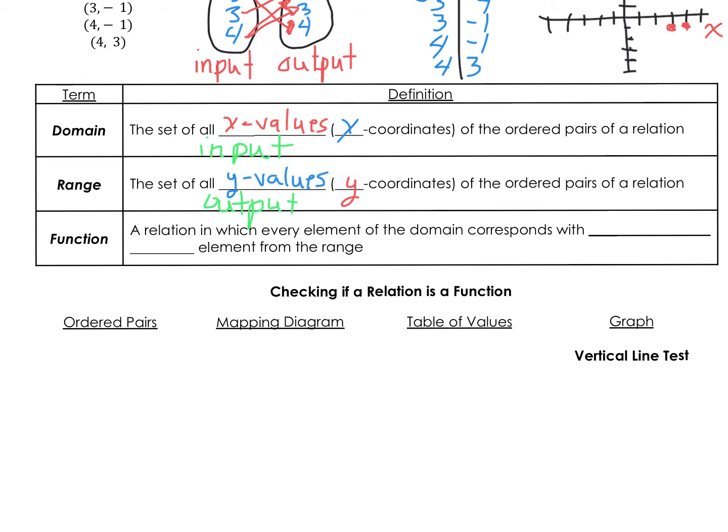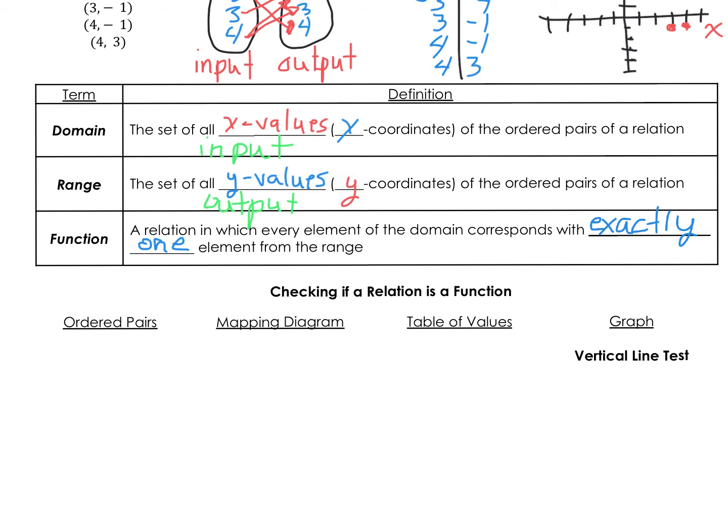Then finally, a function. So here's your technical definition of a function. So a function is a relation. Now remember, not all relations are functions, but all functions are a relation. So that's why this says a relation in which every element of the domain corresponds with exactly one element from the range.